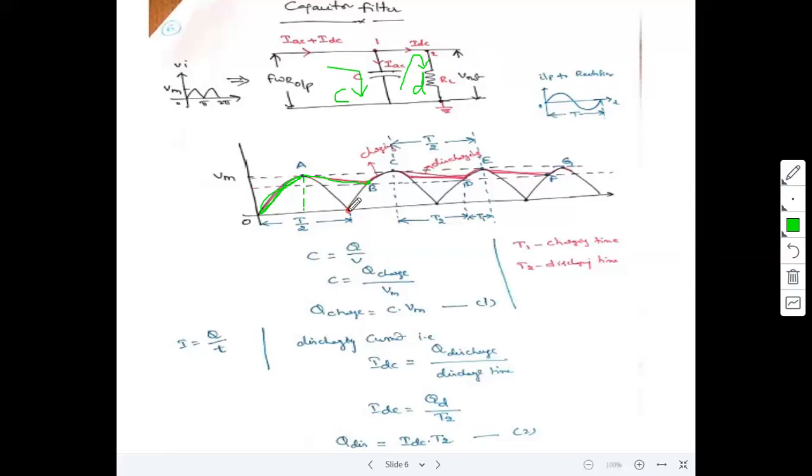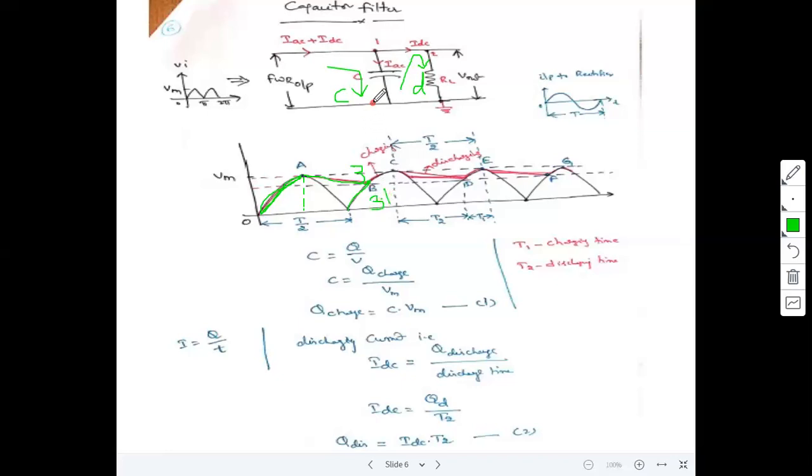When it reaches the point B, observe here, the second cycle of the full wave rectifier output. At this point B, the full wave rectifier output is greater than the capacitor voltage. Suppose here the capacitor voltage is 3 volt, and the full wave rectifier output at this point is 3.1 volt.